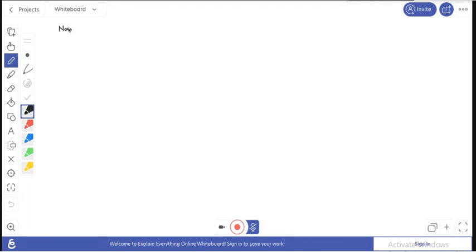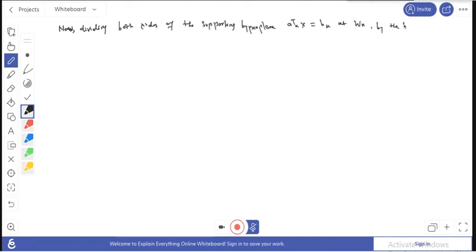dividing both sides of the supporting hyperplane, that is AK transpose X equals BK at the point WK, by the length of this vector, norm of AK, we get AK bar transpose X equals BK bar.